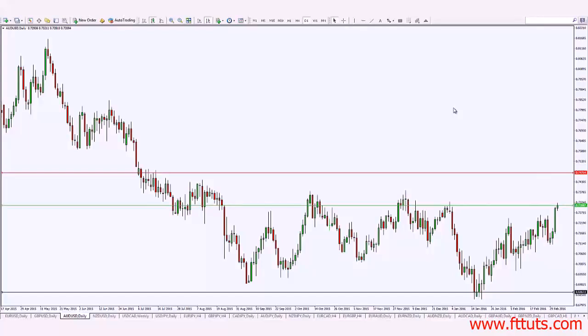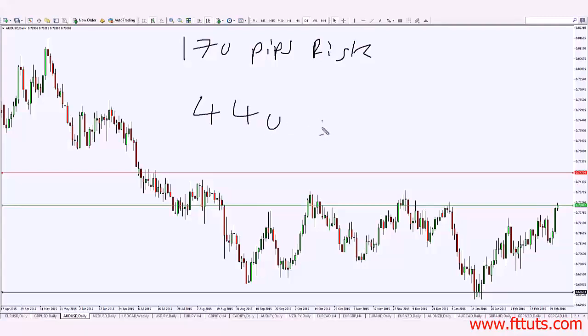In terms of risk to reward, this is your risk, 170 pips, and this is your reward, about 440. If you compare it in terms of dollars, you're risking $1 to make about $2.58. But let's round it off to $2.60. So risking $1 to make $2.60.